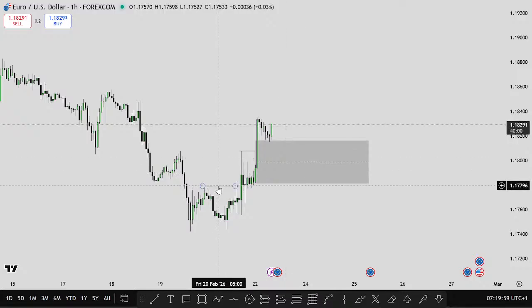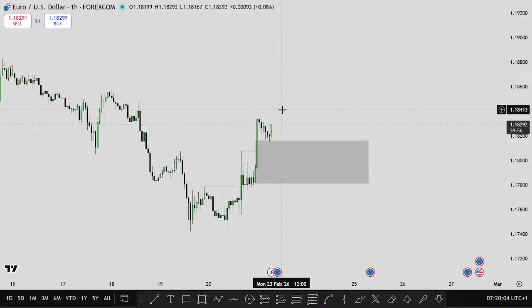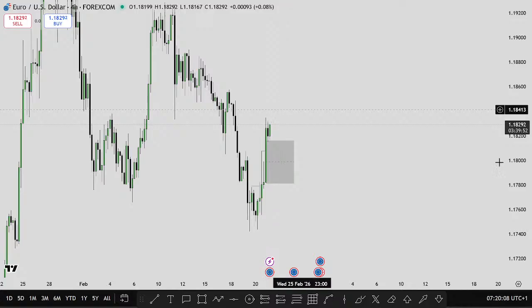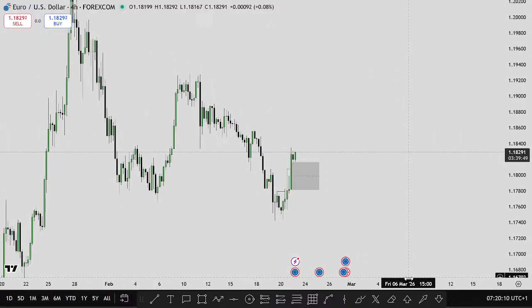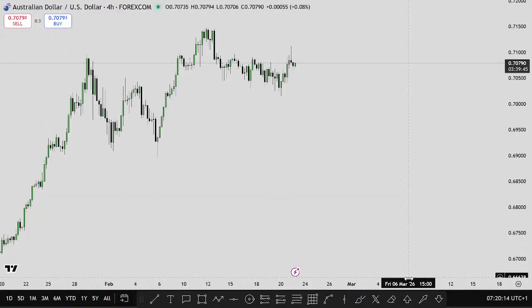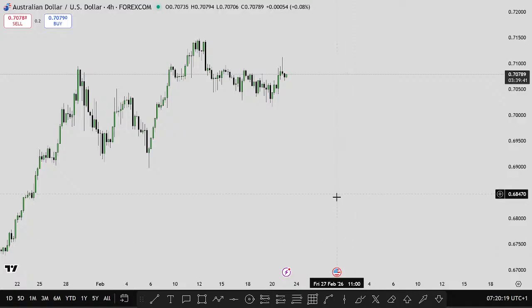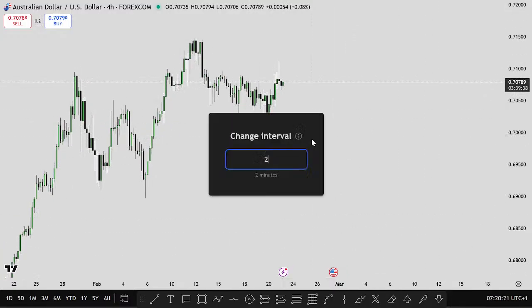You can see the first breaker structure here, the second breaker structure here. So I'm seeing price going up to continue in the bullish move that is beginning. Okay, now if that is correct, then I have Euro USD, AUD USD here now.